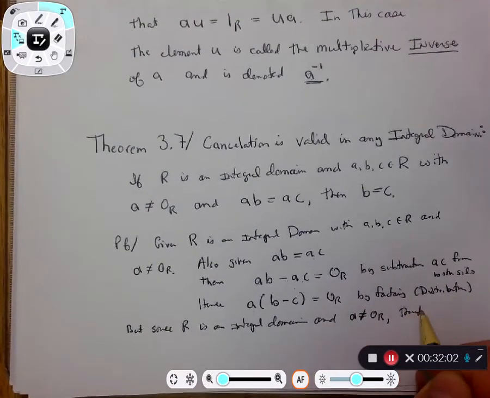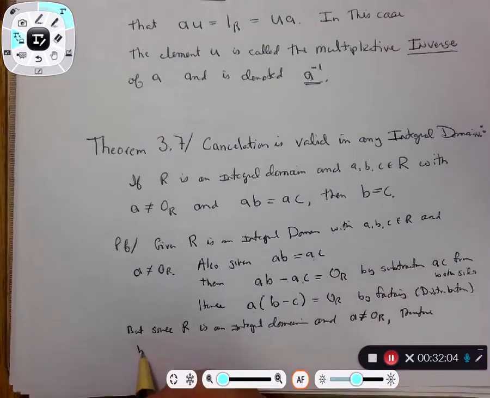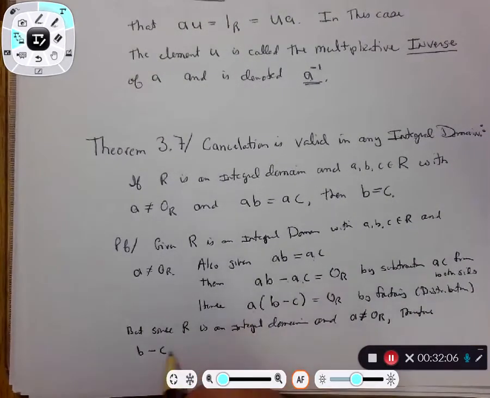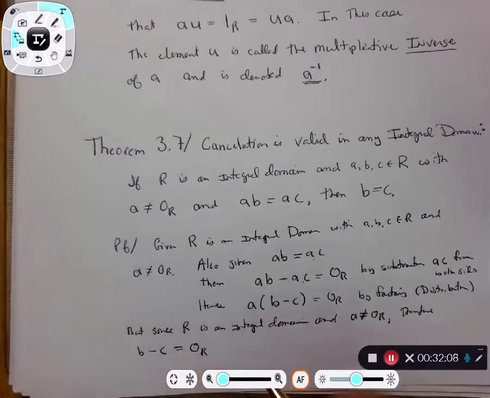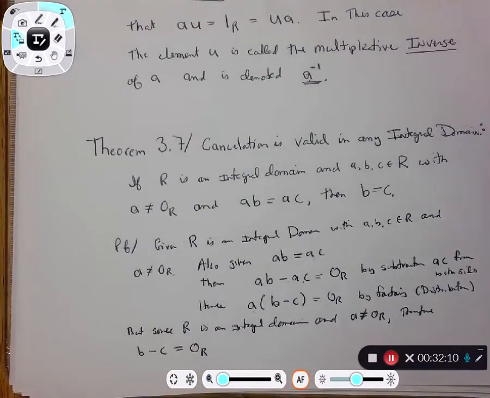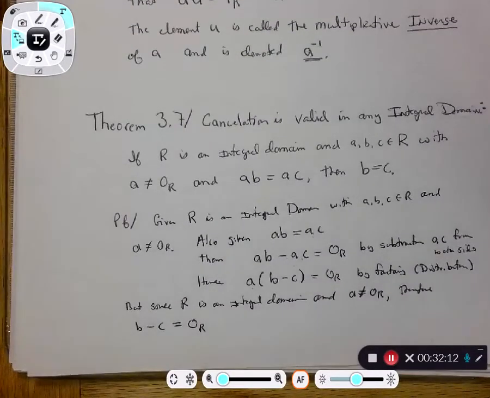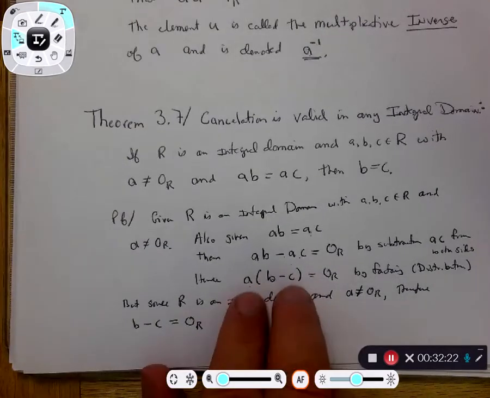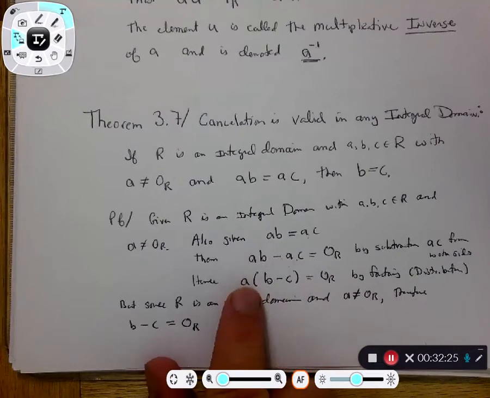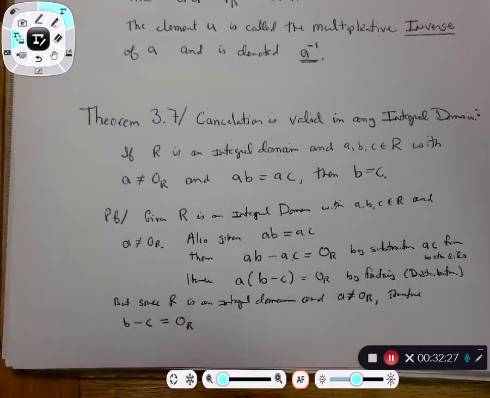Therefore, the B minus C, the second element, must be equal to 0. And this doesn't work in a general ring, but in an integral domain it does. An integral domain doesn't have zero divisors. An integral domain, by definition, is a commutative ring with identity with no zero divisors. No zero divisors means anytime I have a product equal to 0, either the first guy is equal to 0 or the second guy is equal to 0.